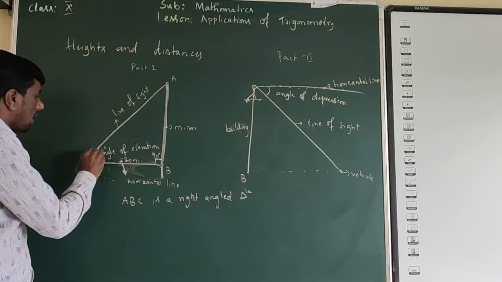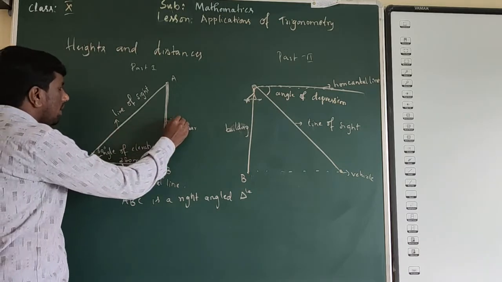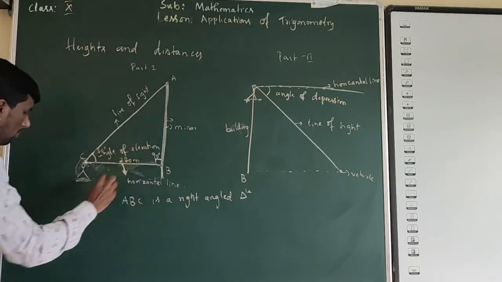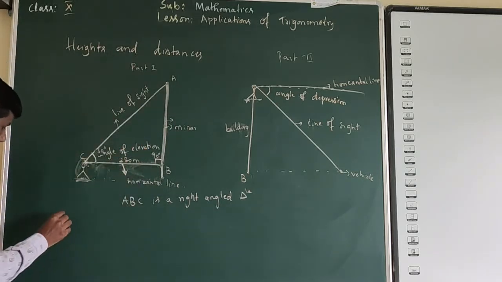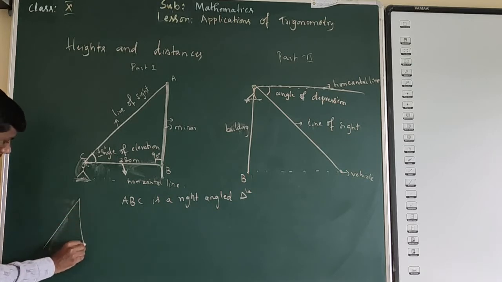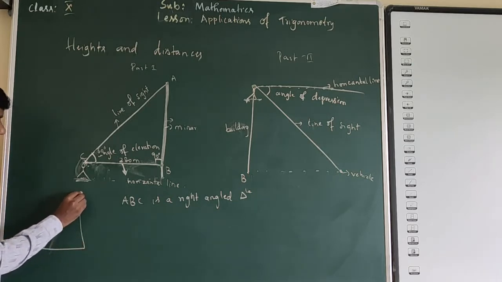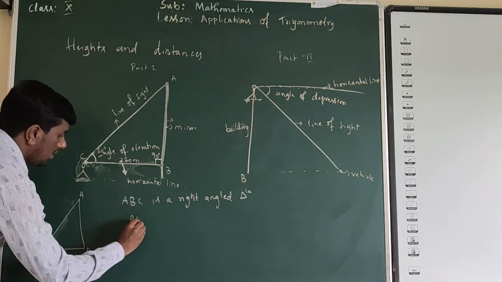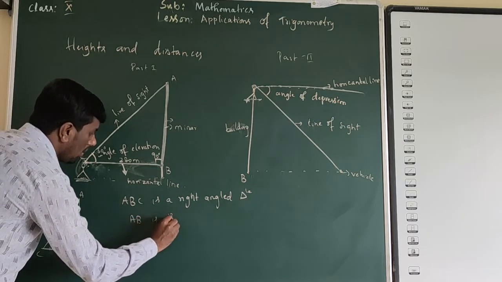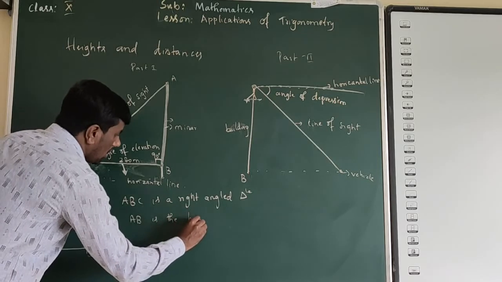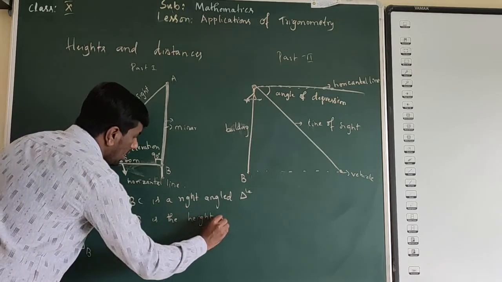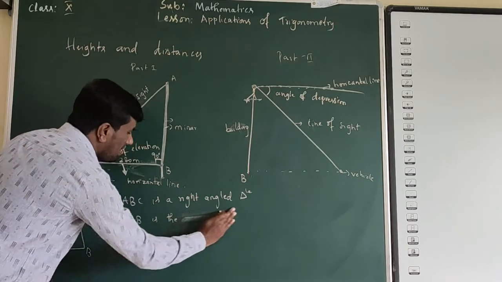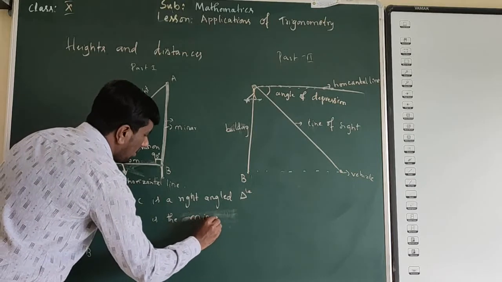So this is the angle, right? Okay, I'll write one more time. This is A, B, C. So I need to define that AB is the height of the mirror. AB is the mirror, okay.